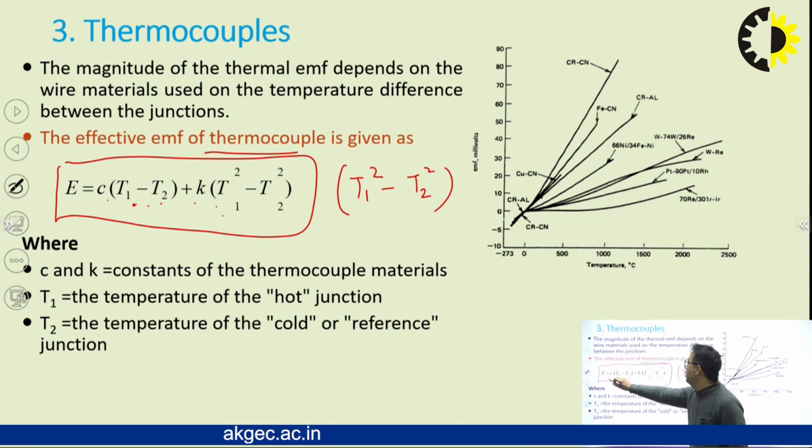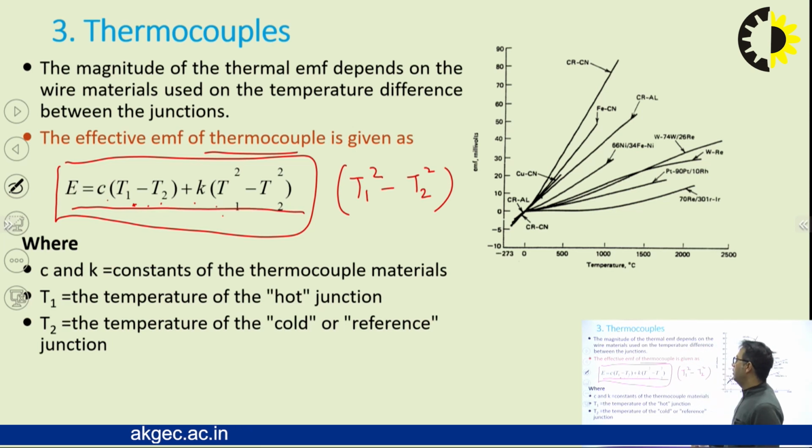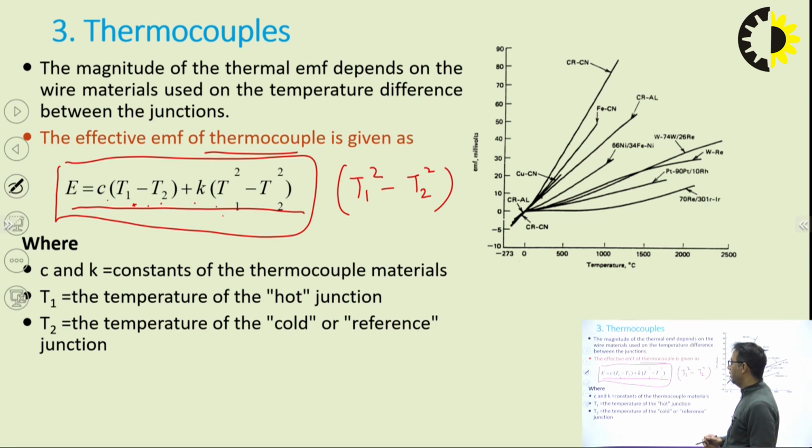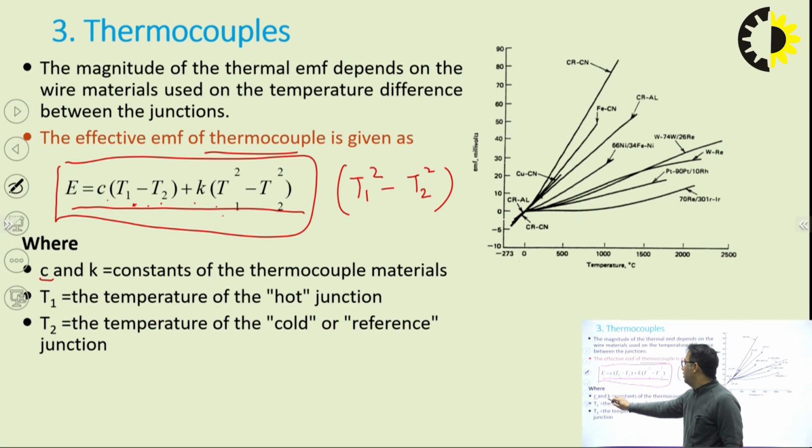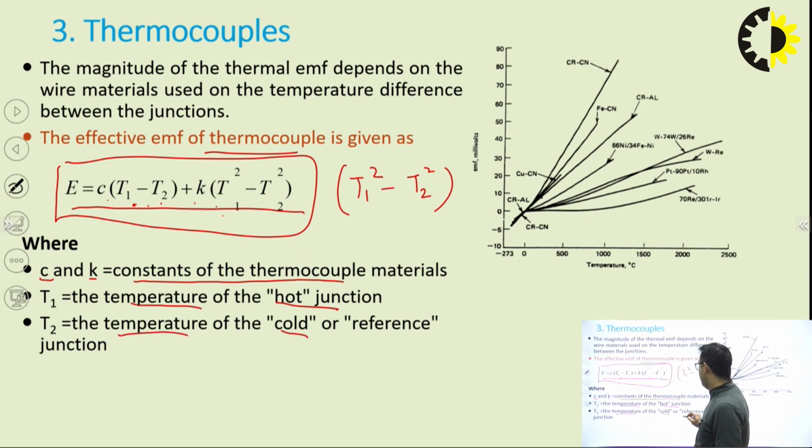This is a quite non-linear relationship between temperature difference and the EMF developed in the thermocouple. Here C and K are constants of the thermocouple material. T1 is the temperature of the hot junction and T2 is the temperature of the cold or reference junction.